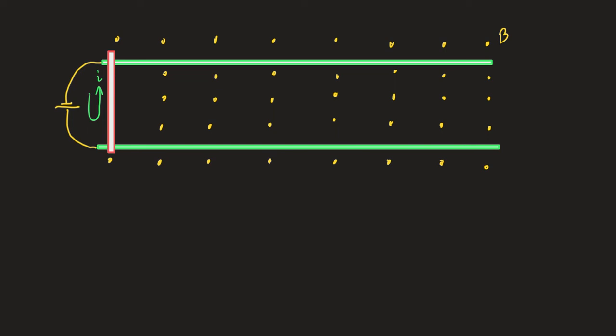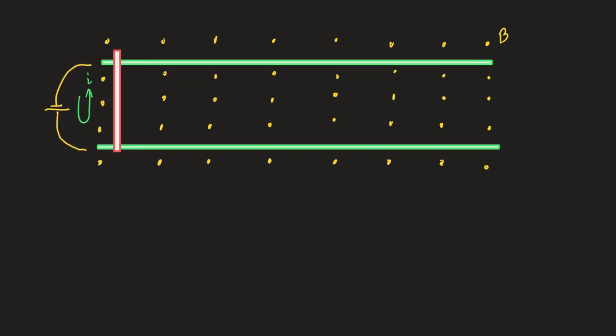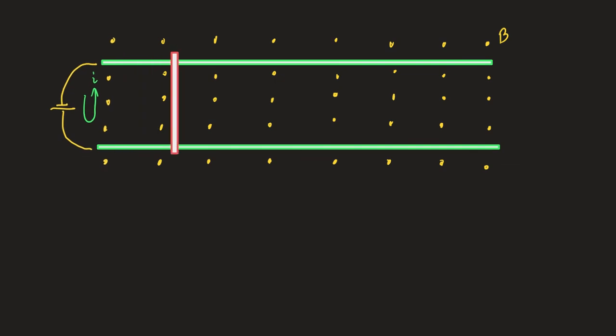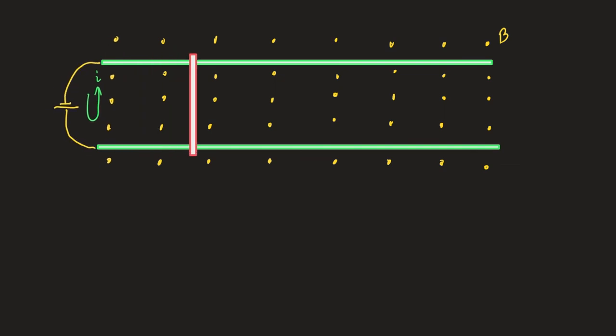So the bar experiences a force. That's going to cause the bar to begin to move to the right. I experience that force throughout the entire length of the bar that is in contact with the rails and inside this magnetic field. The size of that force will stay constant as long as the current stays constant.